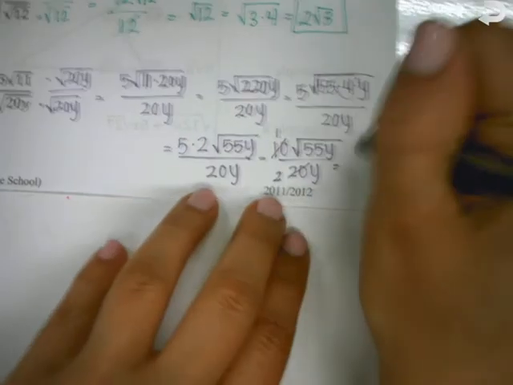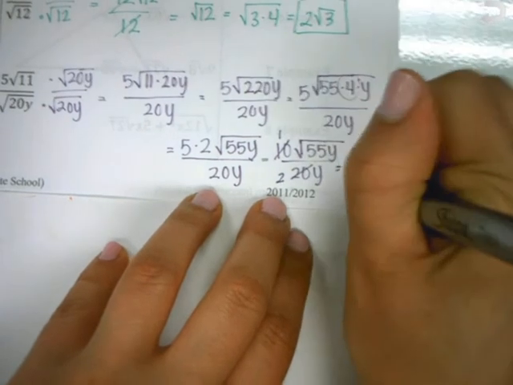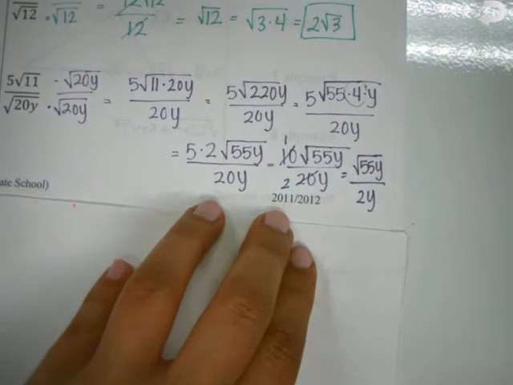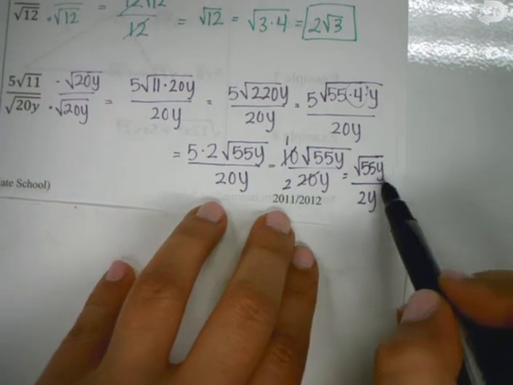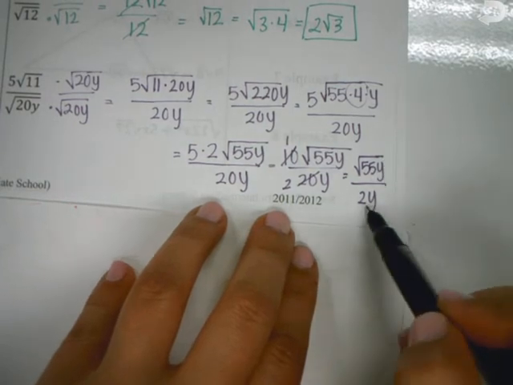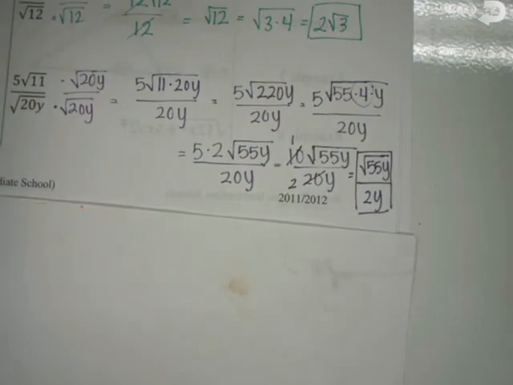Can I simplify the y's? No, because this one is inside the square root, and this one is not. So our answer is left like that. Did anybody get it right? I think the trickiest step is right here. Okay, so just make sure that you're simplifying it all of the way. Double check everything. Okay?